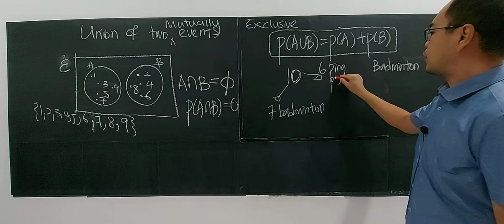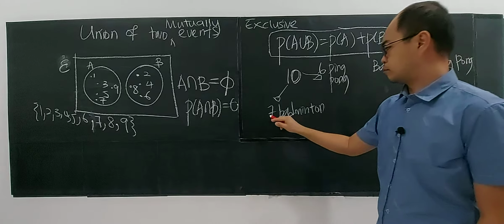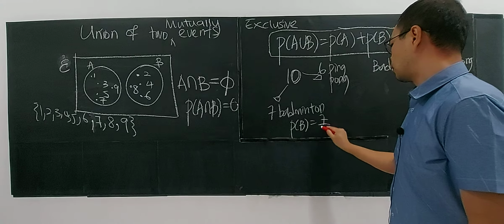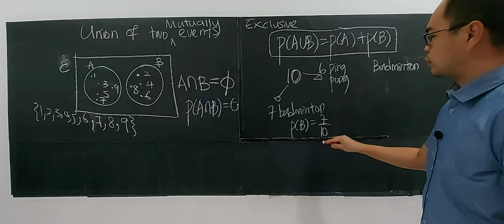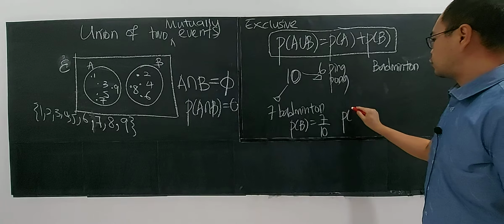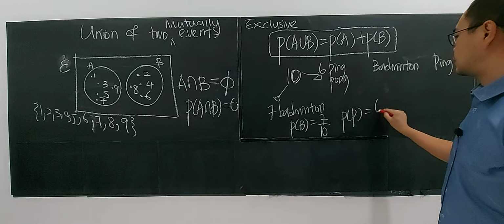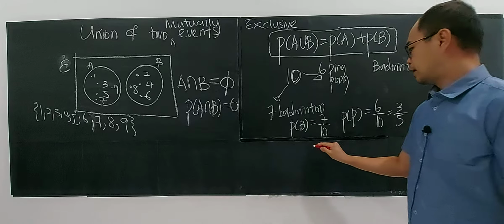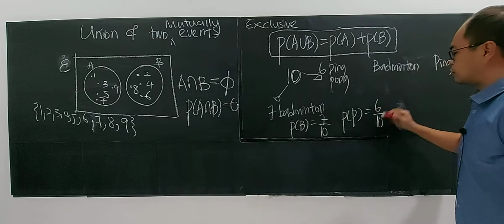So when you take the probability of badminton, you're getting 7 over 10. You take the number and divide by the 10. And the probability of joining ping pong is 6 out of 10, which is 3 over 5. Okay, let's say I use 6 over 10.